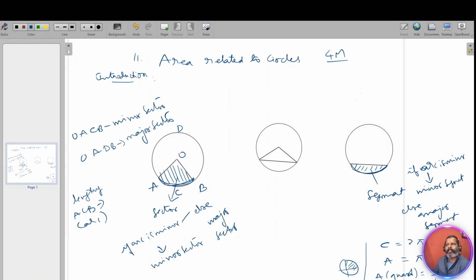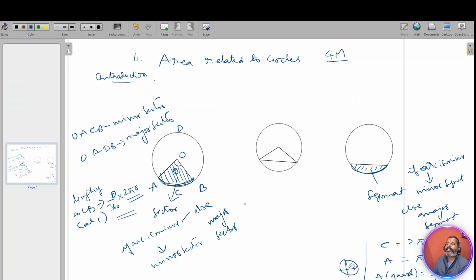This is a very easy formula, we can remember easily. That is the circumference you have to put. What is theta? Theta is the angle of the sector which is made between the radii and the arc. So this is the length of arc of a sector.